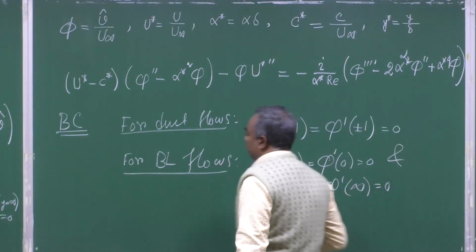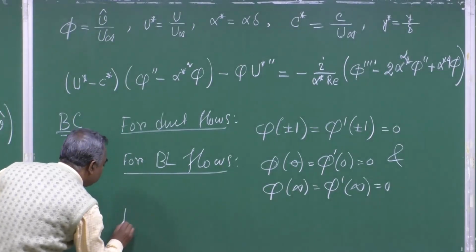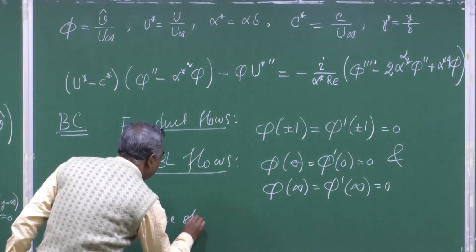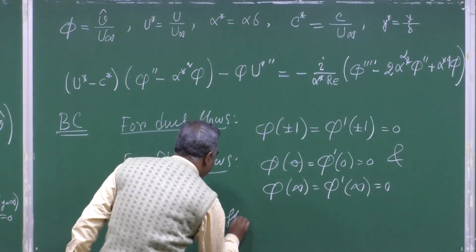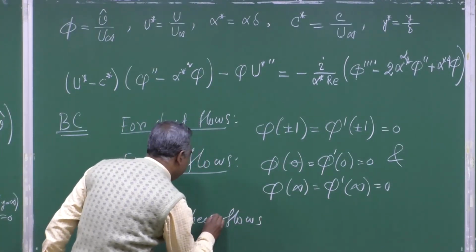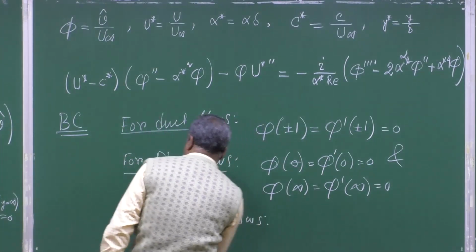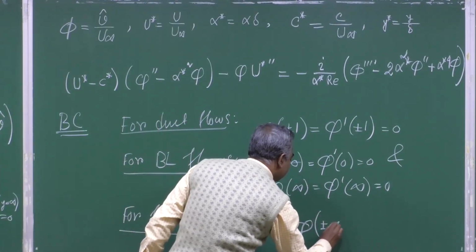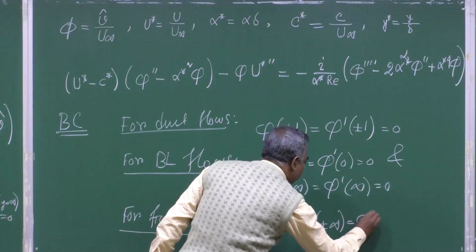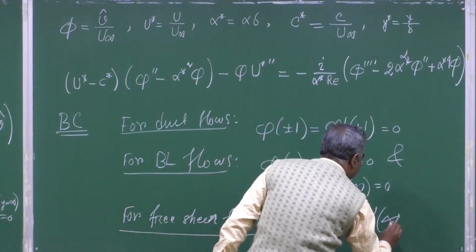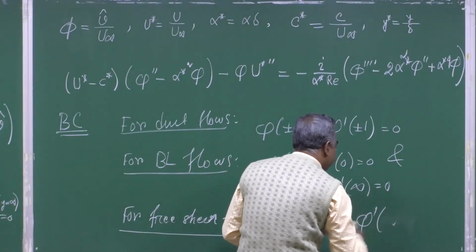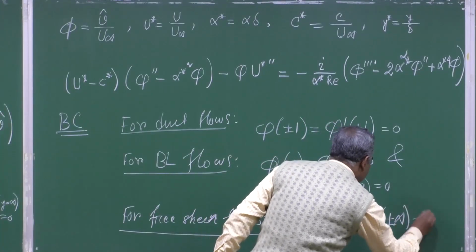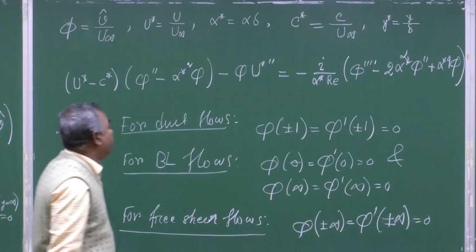This is for your boundary layer flows. And for free shear flows, similarly we can write that phi at plus minus infinity and phi prime at plus minus infinity, these values are 0.